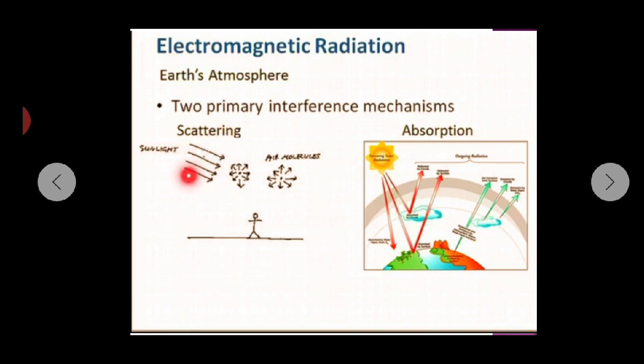When this electromagnetic radiation comes in contact with the particulate matter, which are of various size, shape and concentration, for example smoke, dust, haze, soils, rock debris, when this sunlight comes in contact with those particulate matters, scattering takes place.